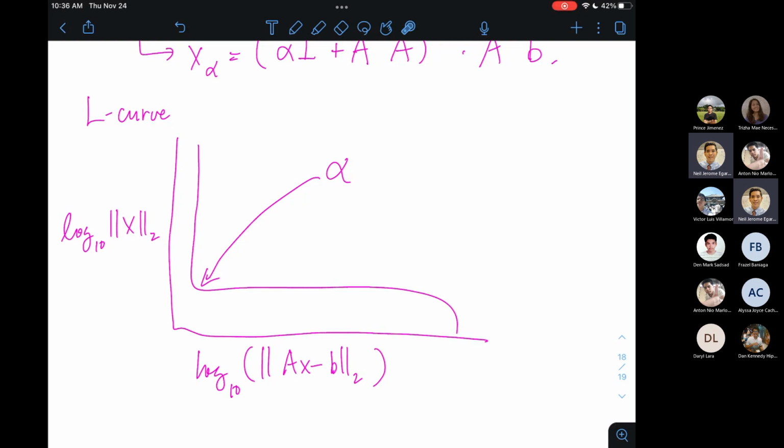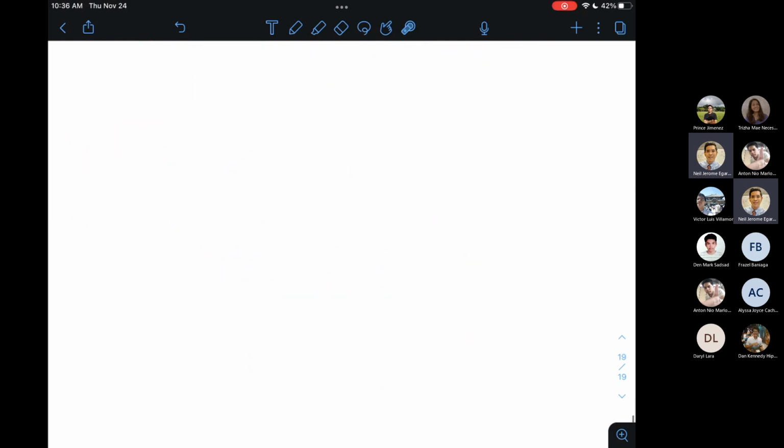So parang ang dami mong calculations na ginawa just to pick one of them, right? Parang ito yung brute force approach. At alam niyo na, mathematicians, ayaw natin ng brute force approach. So one way to find alpha without going through the L curve routine is what we call the Morozov discrepancy principle.